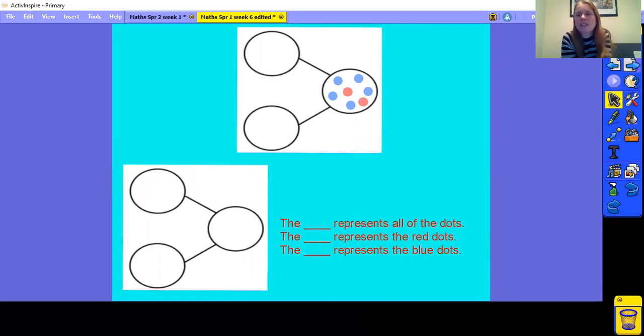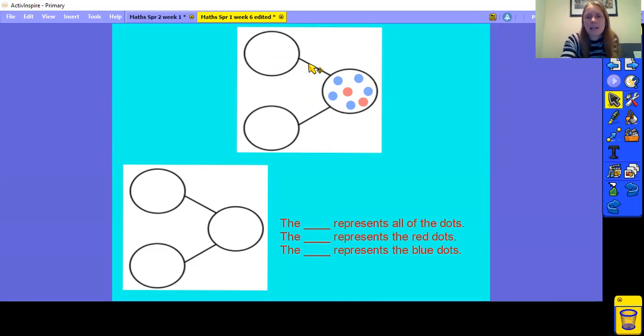Okay, let's have a go at a different one. Oh, our part whole has turned around. Does it matter? That's right, it doesn't matter. We can still use it the same way. So we're starting with the whole amount. Here we have red dots and blue dots. We don't need to worry about their colour just yet because we need to know how many dots we have all together.